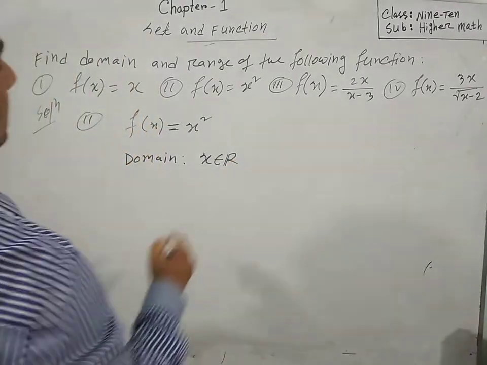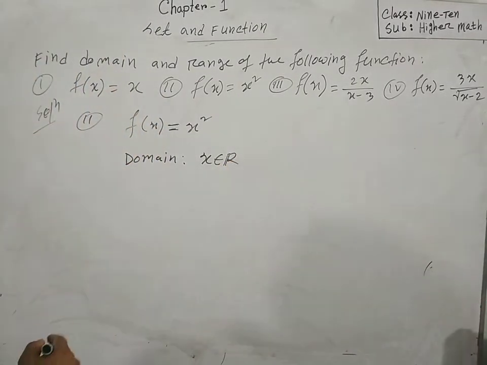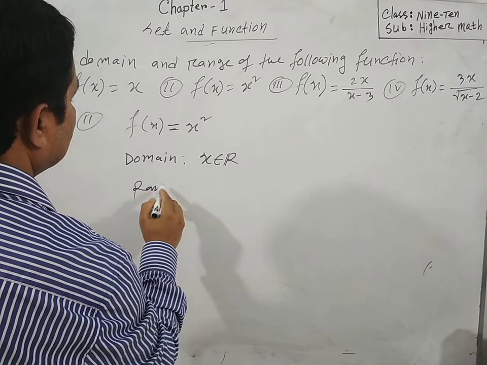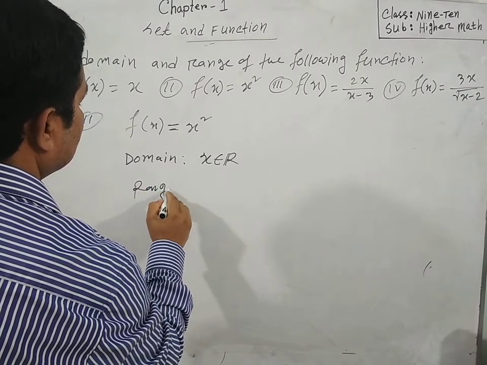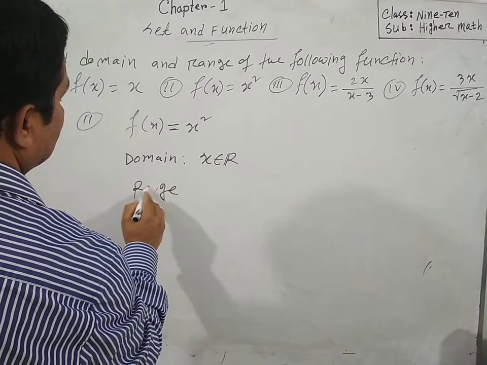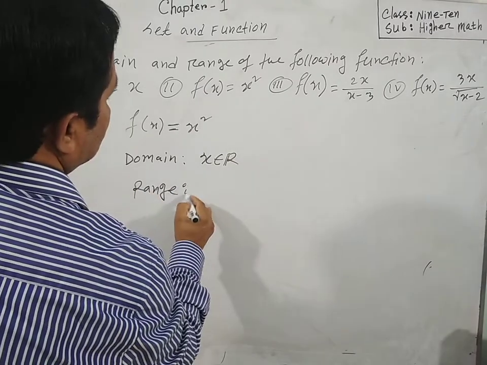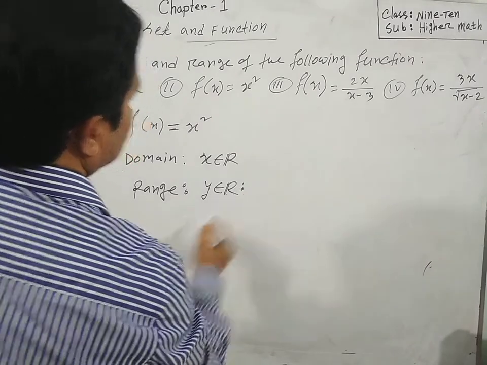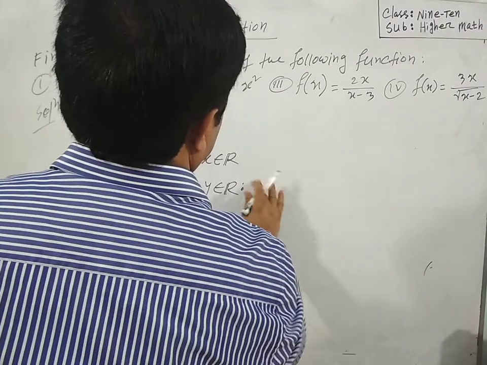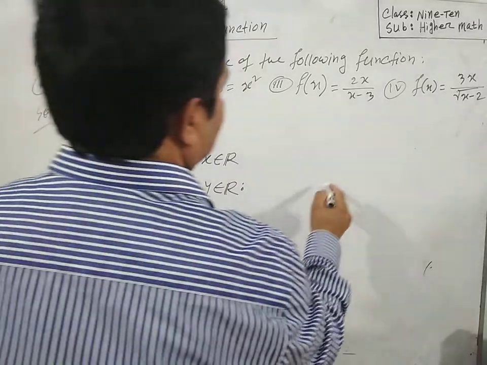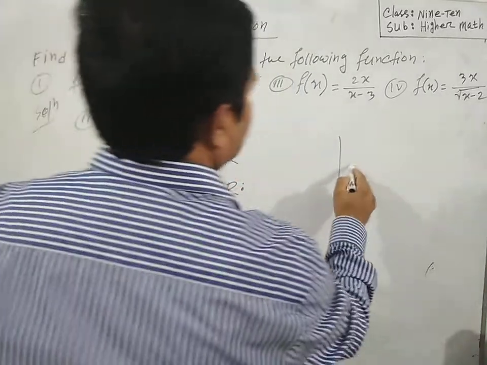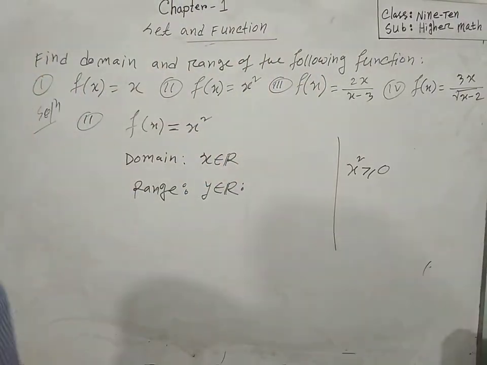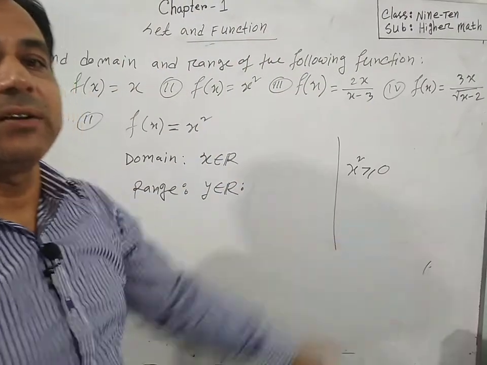Okay, here x belongs to R. And range, here range also y belongs to R, such that here y means x square is greater than or equal to 0. It is the rules of real numbers.